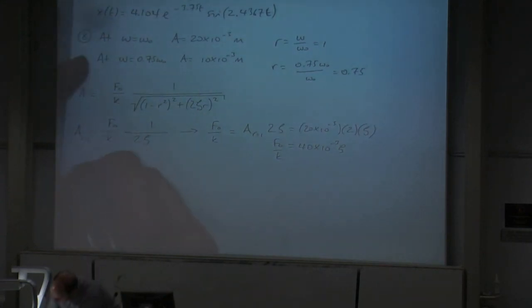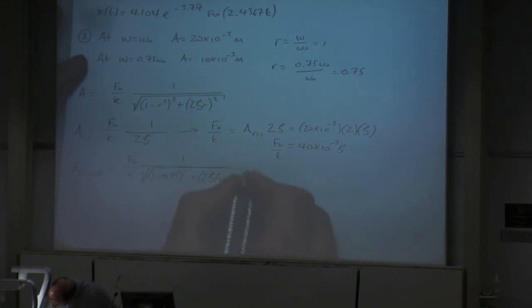Now A for R equals 0.75 is F0 upon K, 1 divided by the square root of (1 minus 0.75 squared) squared plus (2 zeta 0.75) squared.